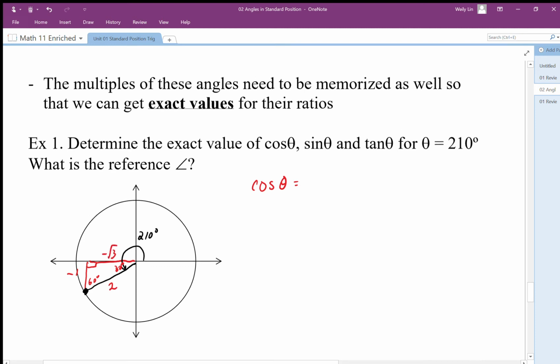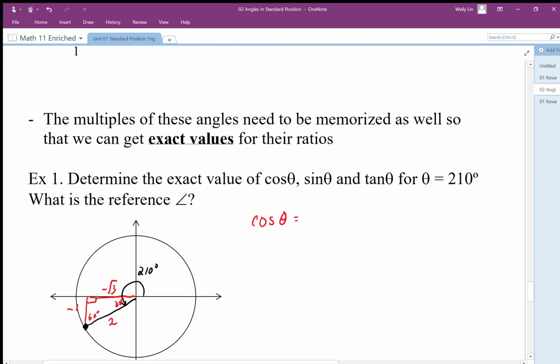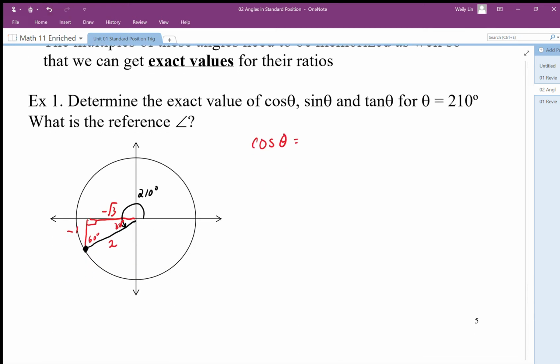Okay, when I relate it to this triangle here. And again, make sure that, I'm just going to highlight this, we are dealing with positioning. So to the left √3 and down 1 is different than up 1 or right √3. So that's really important when we talk about the ratios.